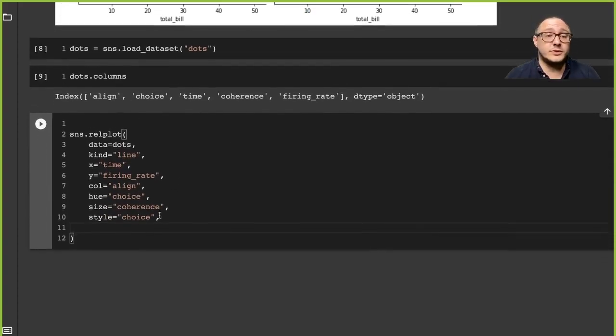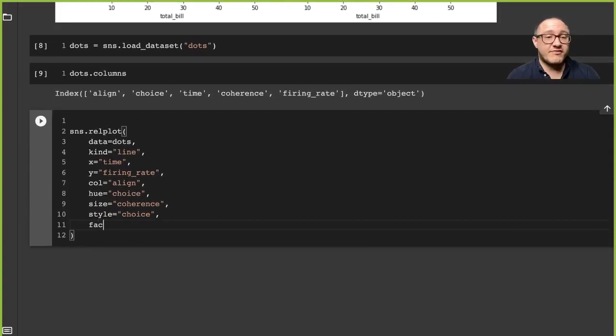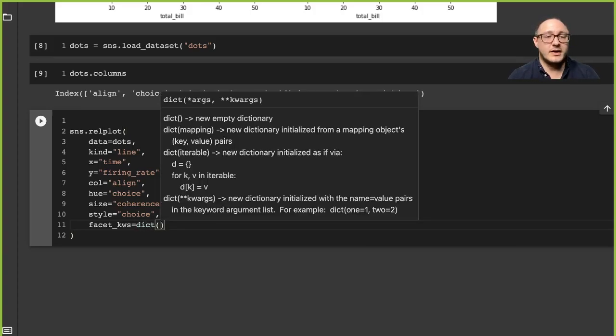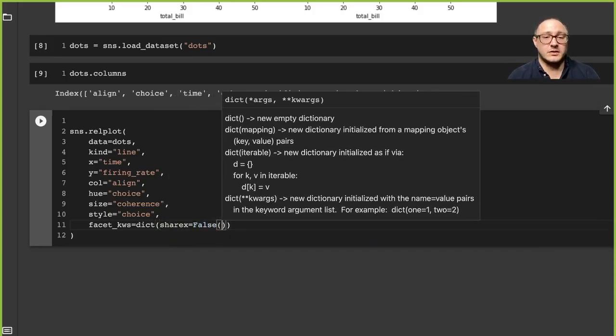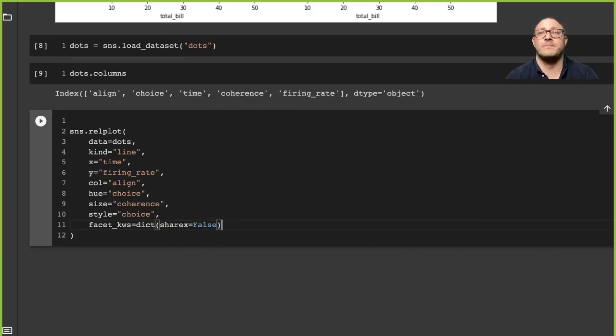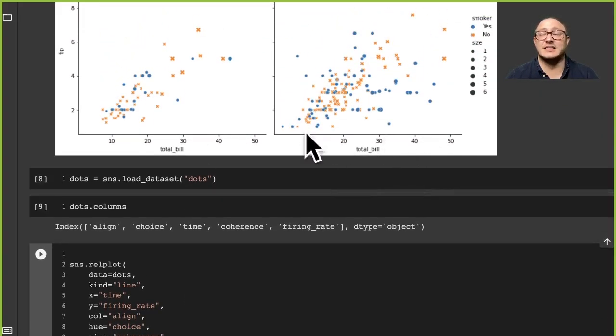It's going to be on two different scales. So you would say facet_kws, which is basically for its arguments. It takes a dictionary, so I'm going to use the dict function in here, and you do sharex equal to False. So you want to turn off the shared x-axis functionality.